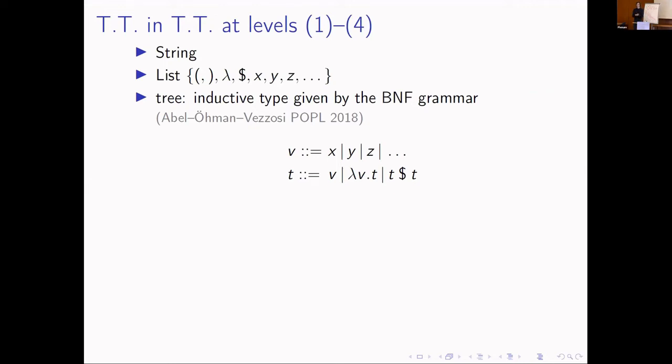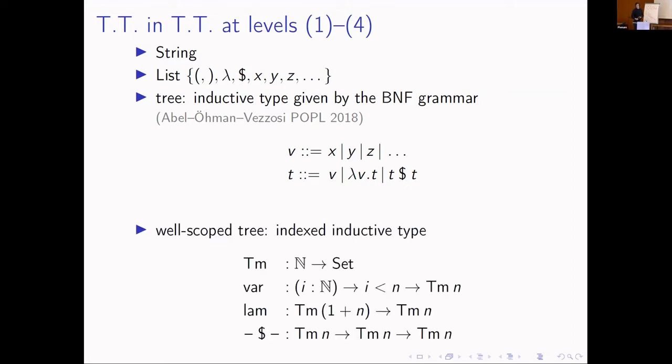The language is given by a simple inductive type with these constructors. Here we have a constructor for variables and lambda and application, and then we have an infinite set of variables. This is an example formalized in Abel, Ullmann, and Weizsäcker's paper, where they formalize normalization for type theory. I will come back to this paper.